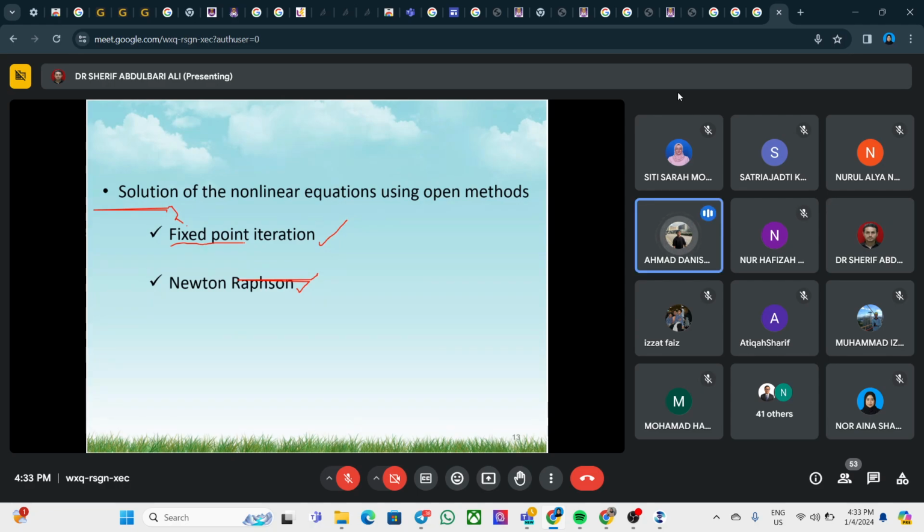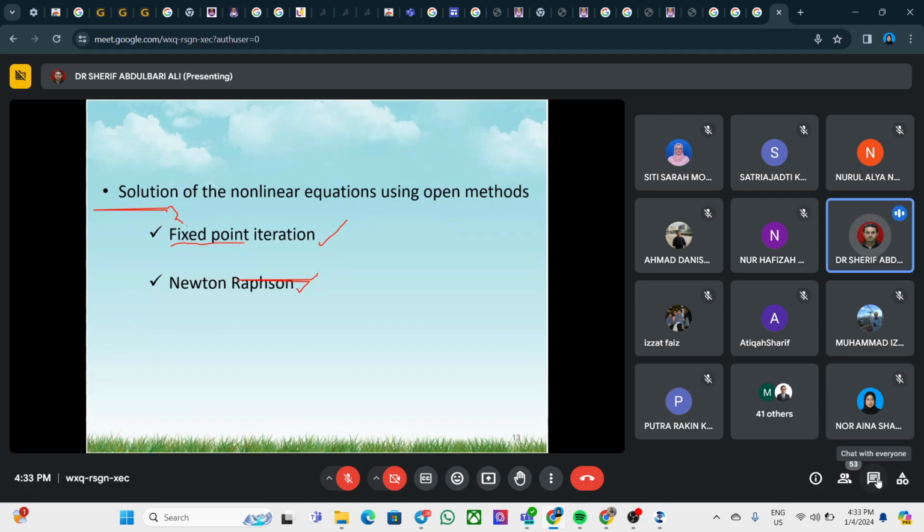Is it false position and bisection method? No, fixed point iteration is a method by itself, but what's the method, what do I need to do? Rearrange the function. Fixed point iteration is an open method.